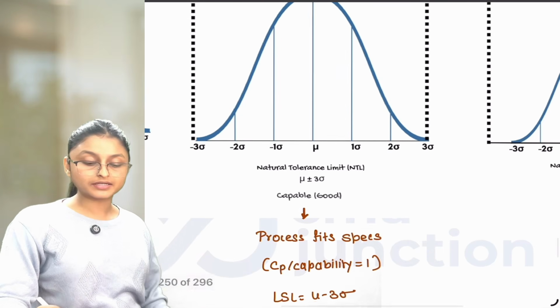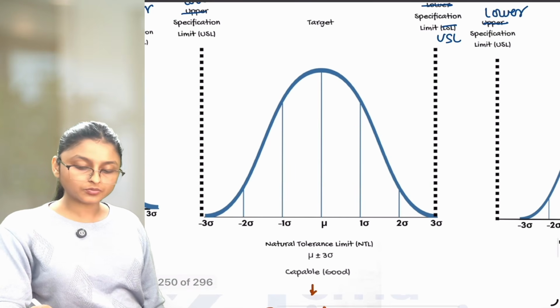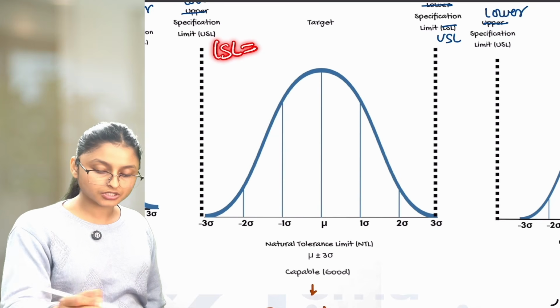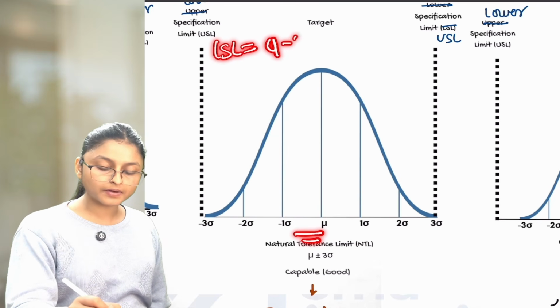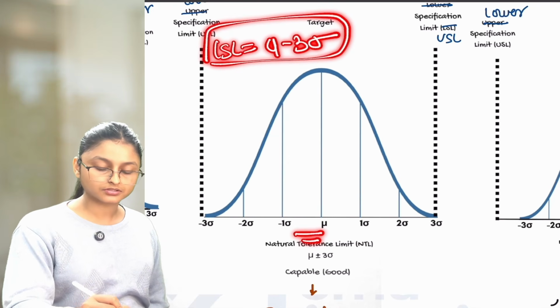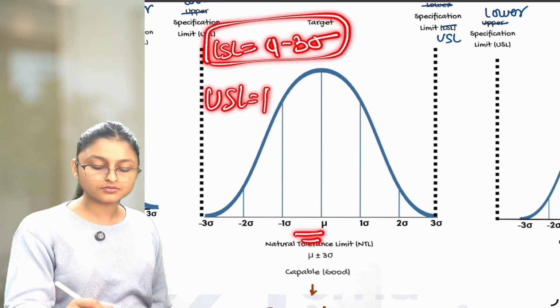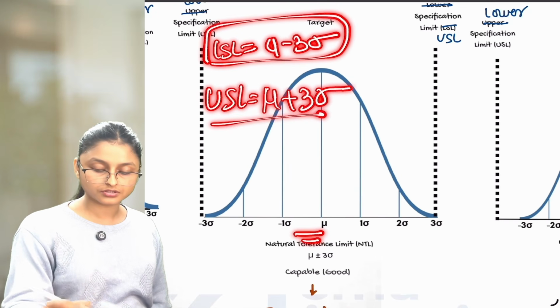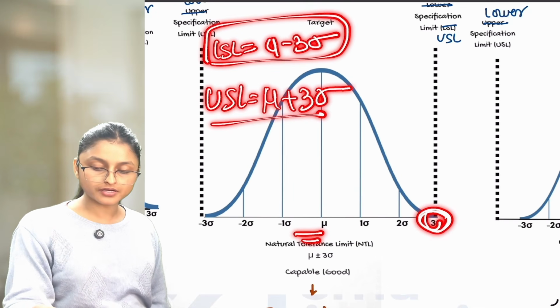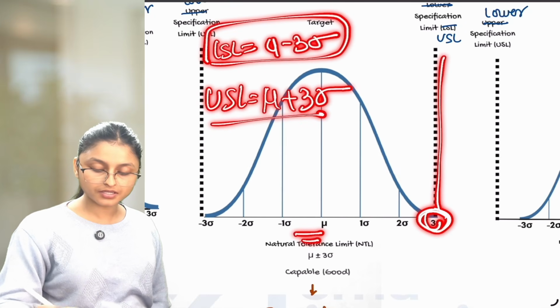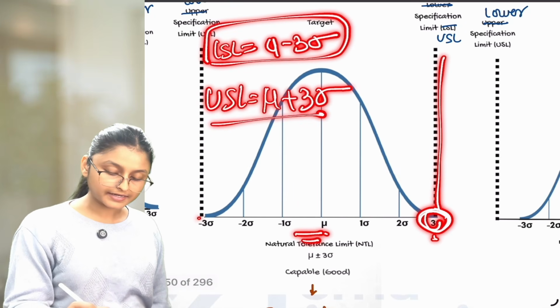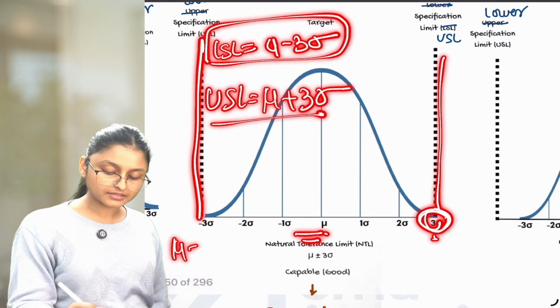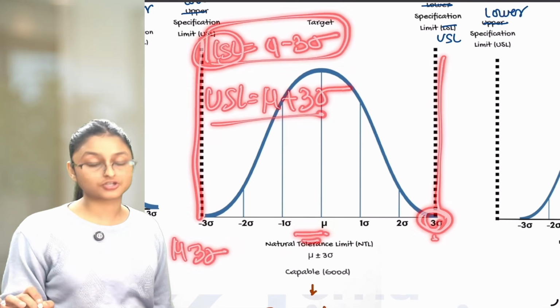Why capability is 1 and how to denote capability is equal to 1? Lower specification limit is equal to mu minus 3 standard deviation, and upper specification limit is equal to mu plus 3 standard deviation. At exact this point, your upper specification limit is coming, mu plus 3 standard deviation, and at exact this point, mu minus 3 standard deviation, your lower specification limit is coming.